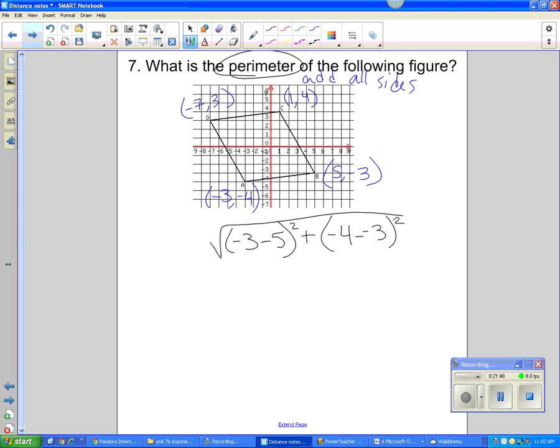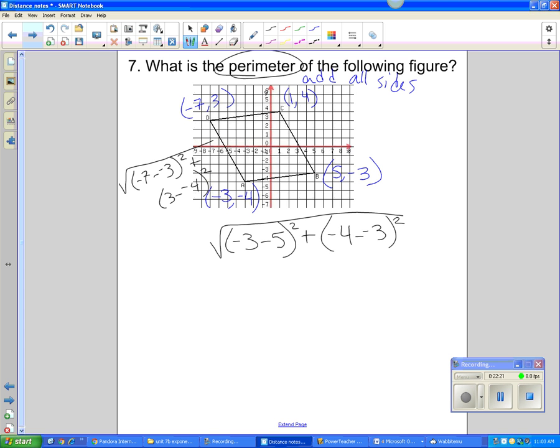Everybody should be writing or typing in their calculator. Levi, what about this left side? What would you type in your calculator? Squared. Good, Levi. Okay.